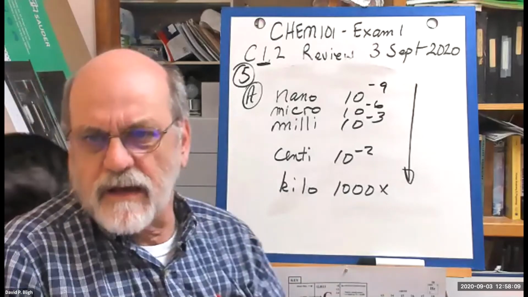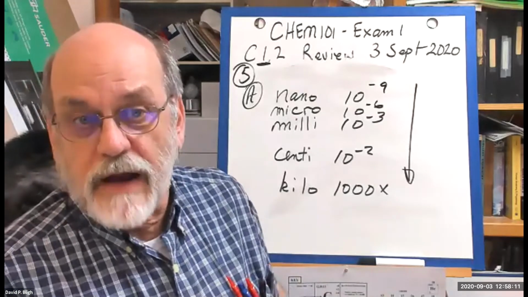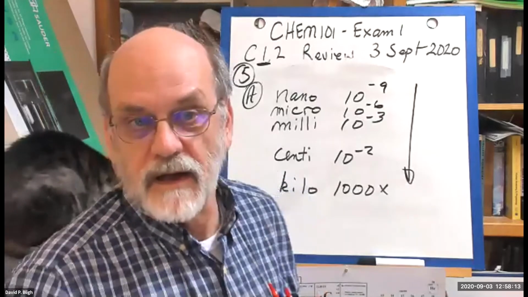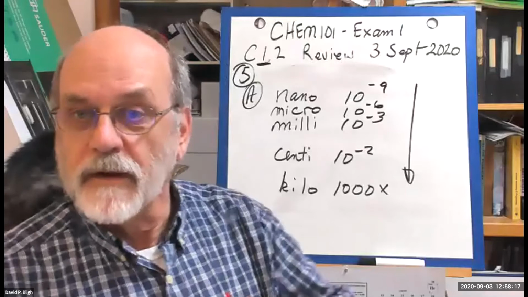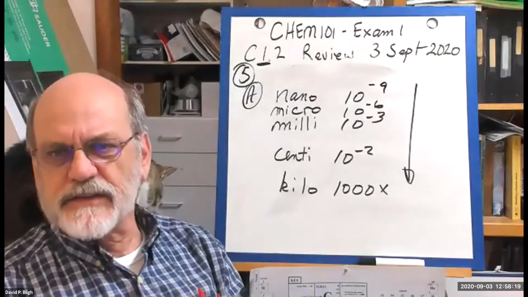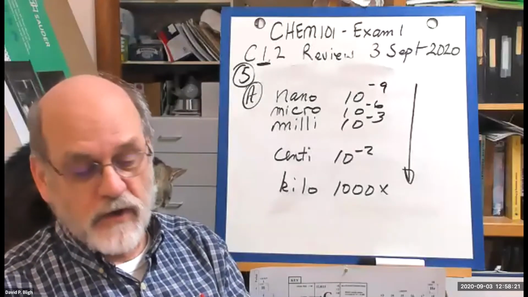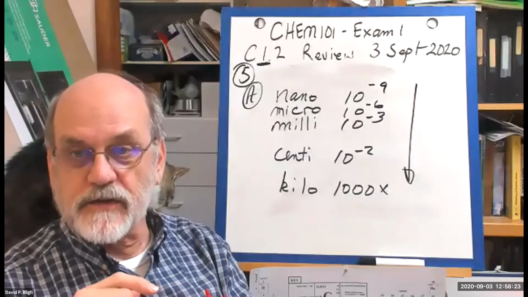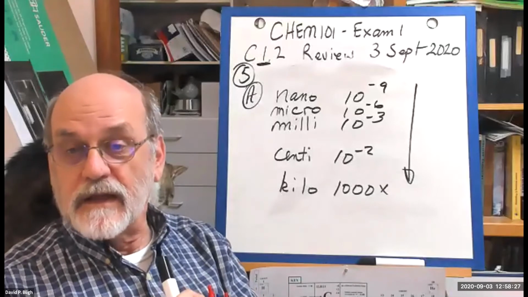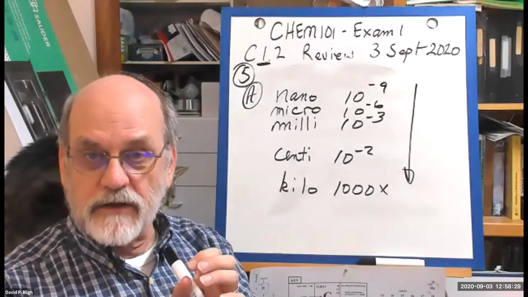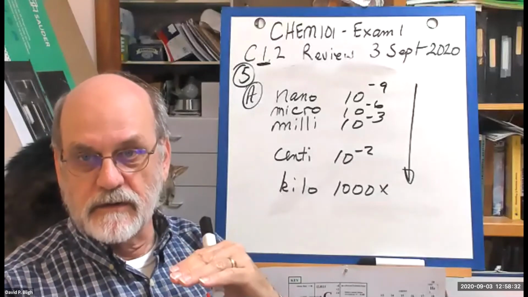Has anybody had a course where you use a microscope? Nobody? Okay. One of the exercises, at least the first time you use a microscope, is to calibrate your objectives.